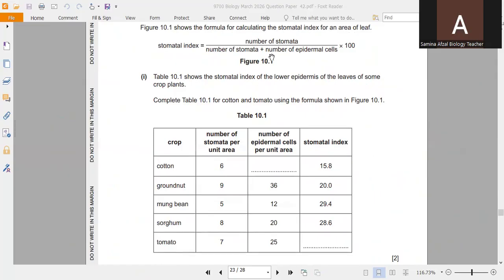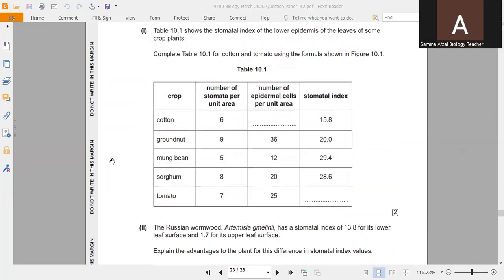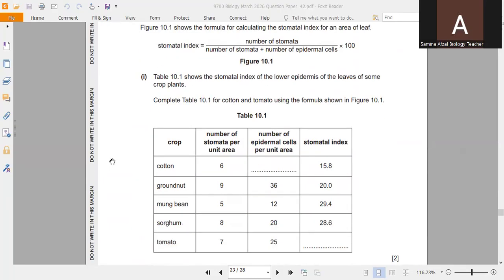Complete table 10.1 for cotton and tomato using this formula. First of all, we have to find out cotton. They have given the number of stomata per unit area, then we have to find out the number of epidermal cells, and the stomatal index has also been given. So by using this formula, we are going to do this question.